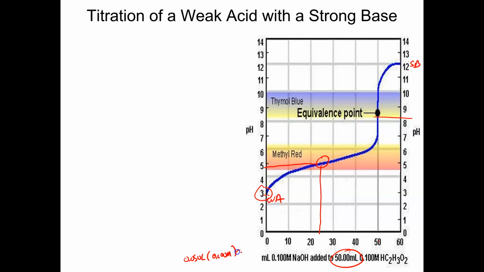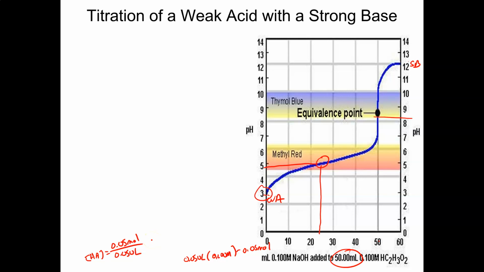So this is going to be equal to 0.05 moles. So remember, that's your moles of your base you're adding, but that's also equal to the moles of the acid you have. So my concentration of this acid, which is acetic acid, called HA, is equal to 0.05 moles divided by the original volume, which is 0.050 liters.